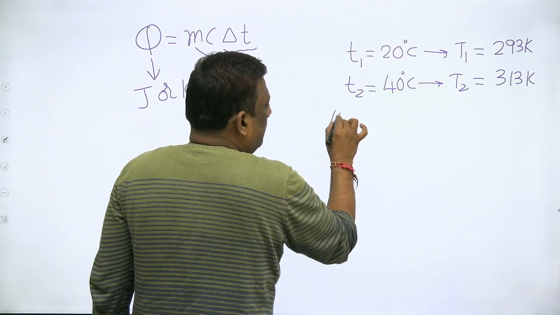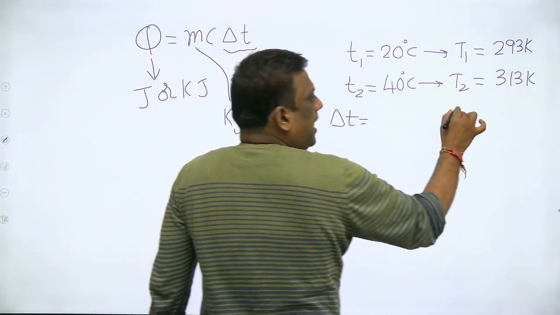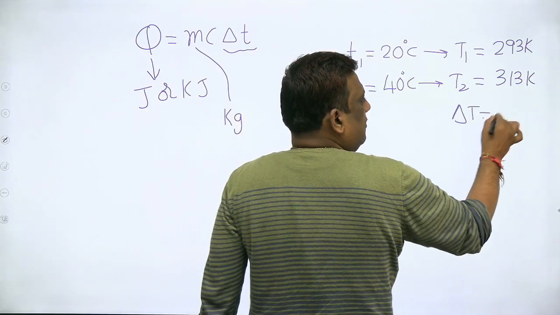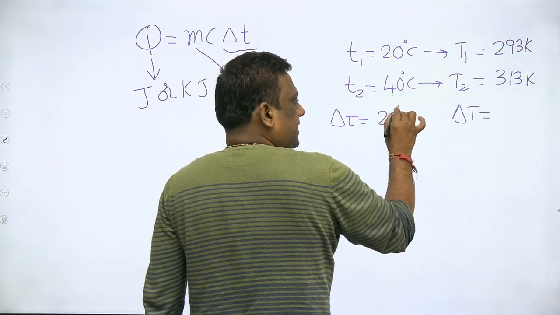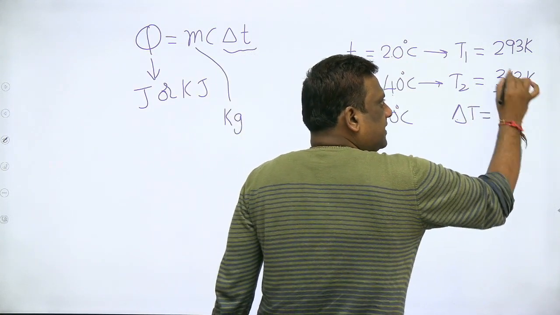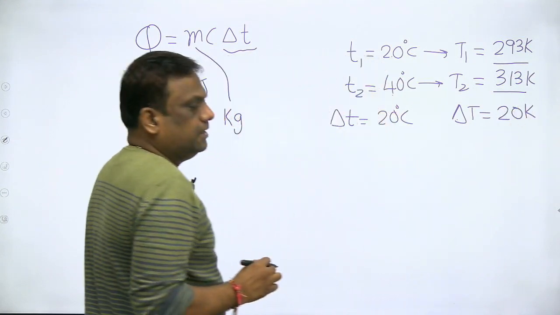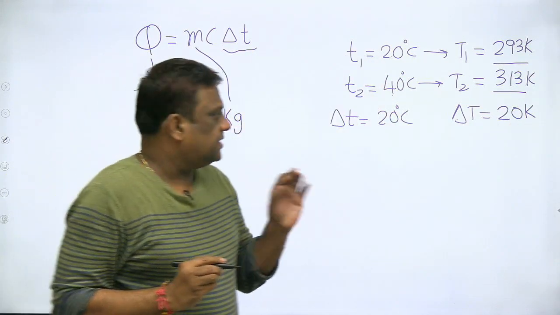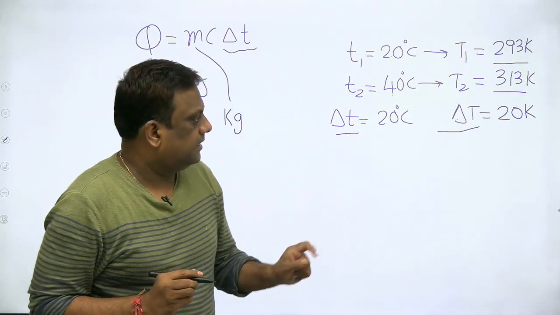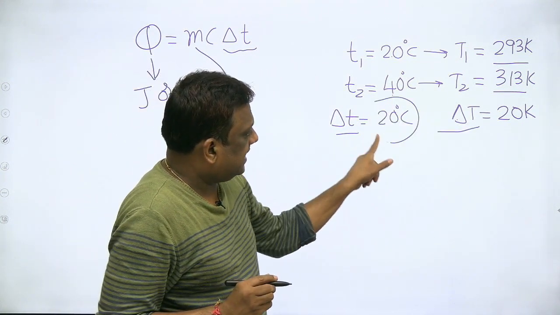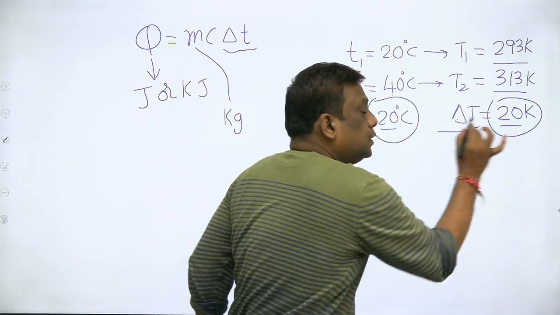Now I want the temperature difference in degrees centigrade, this temperature T2 minus T1, and I want the temperature difference in Kelvin. So 40 minus 20 is 20 degrees centigrade, and delta T, 313 minus 293, is 20 Kelvin. So if you want the temperature difference, always please note down that in degrees centigrade and in Kelvin, see the magnitude, it will be same.